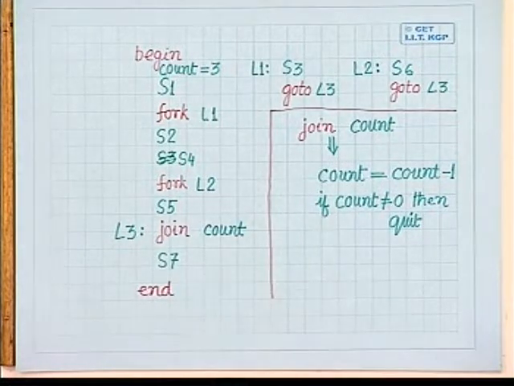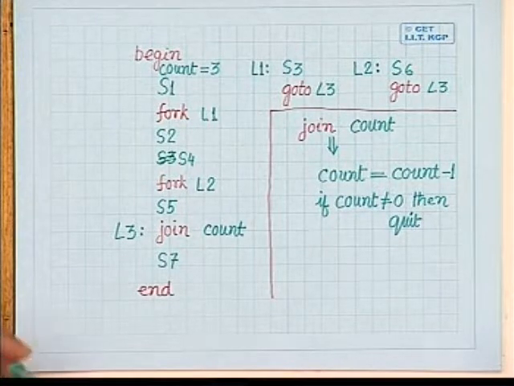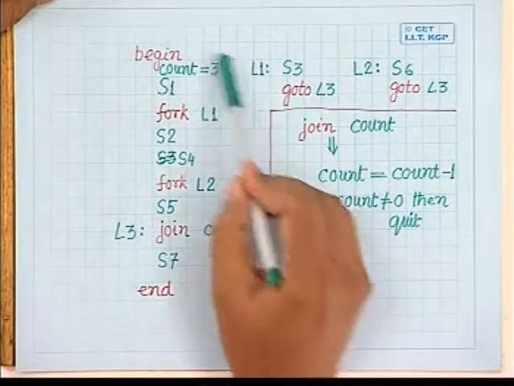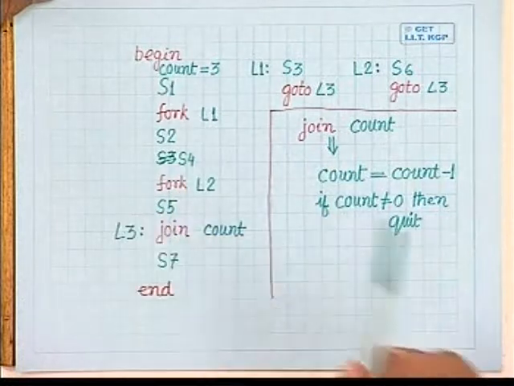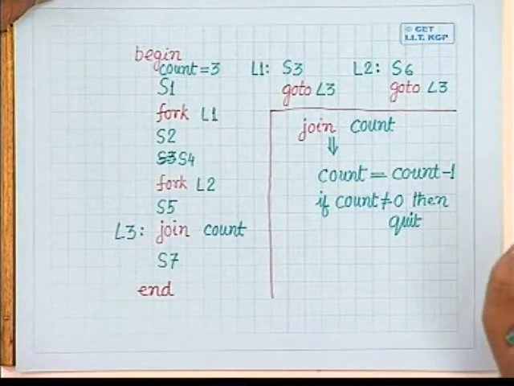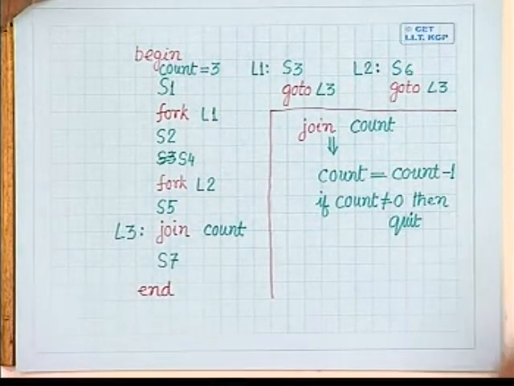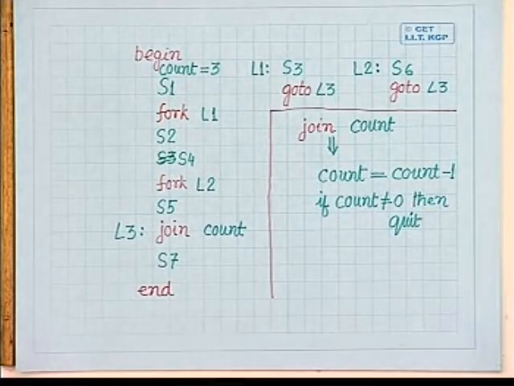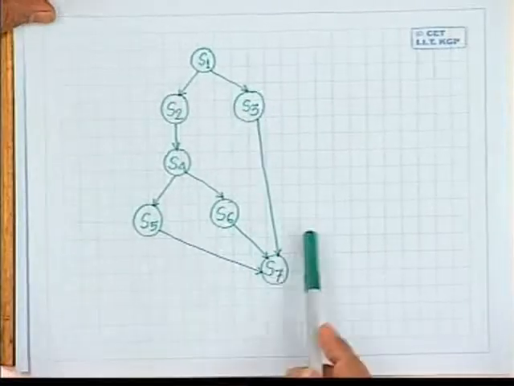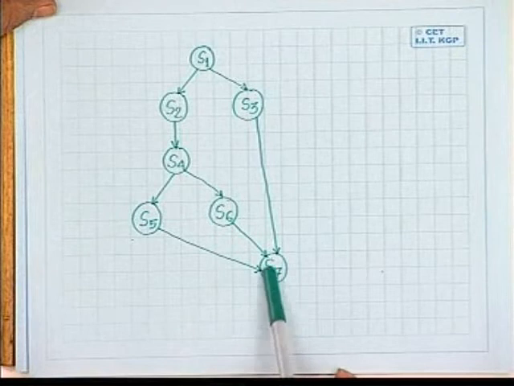So this is a very, very simple precedence graph that we have taken for writing such a concurrent program. And in this precedence graph, we have seen that the processes are joined only at one point.